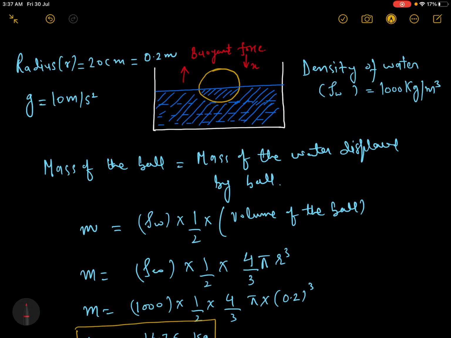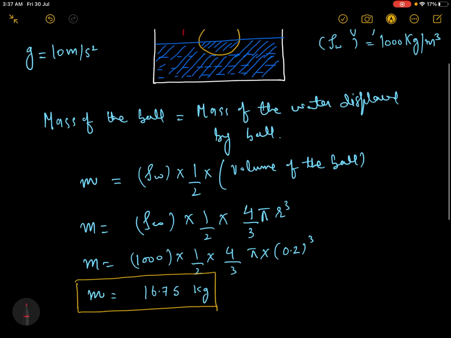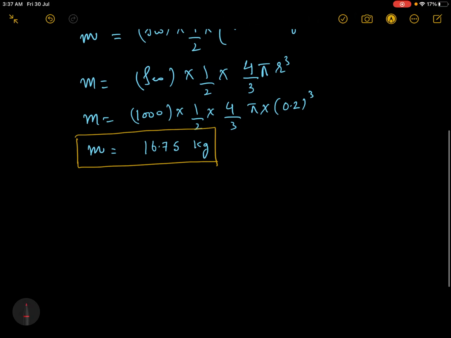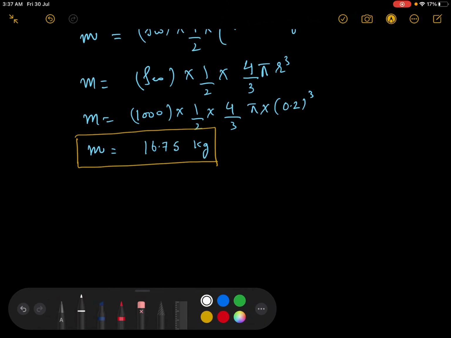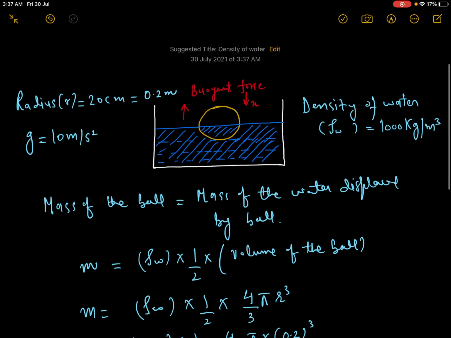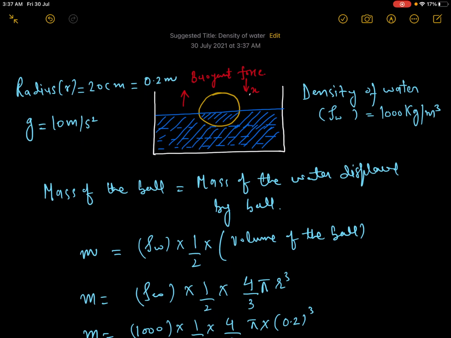So if x is the displacement that I have given, then the velocity will be x dot, and the acceleration of the ball will be x double dot.